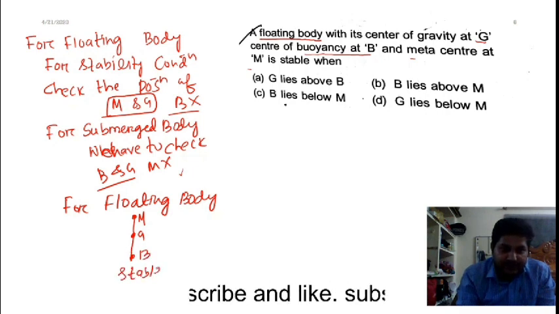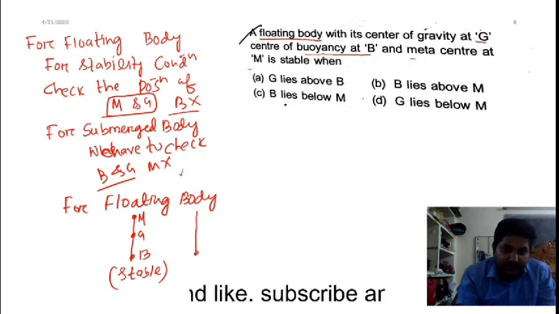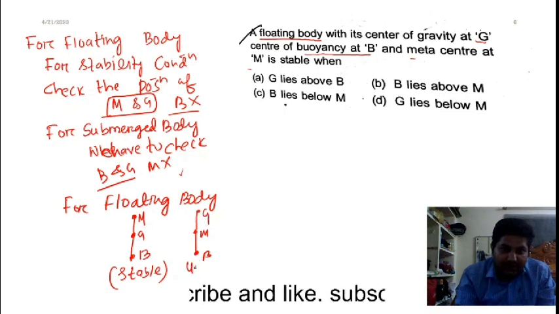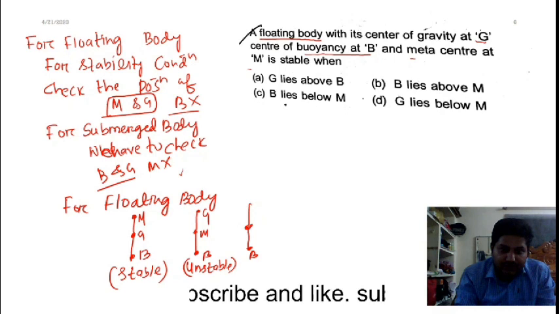Now suppose the points are like this: this is B, this is M, and this is my G. So this is called the unstable equilibrium condition. And for neutral equilibrium, this is B, and both G and M will be on one point.